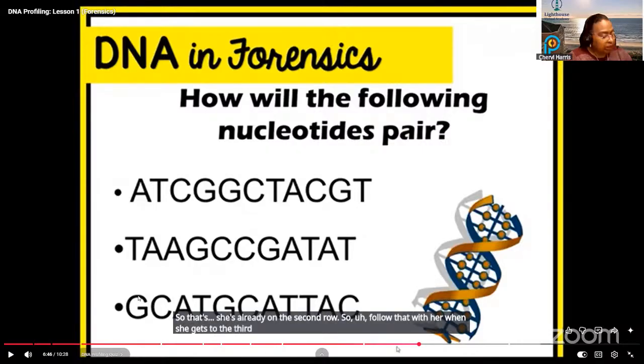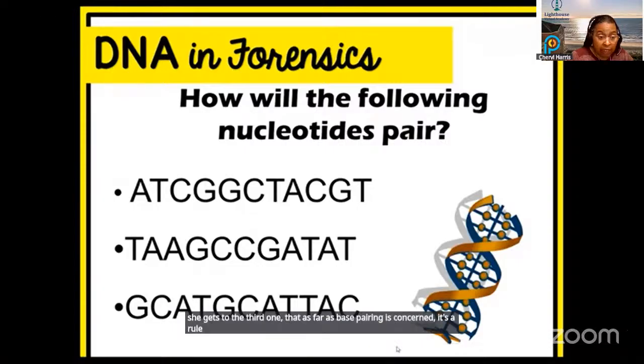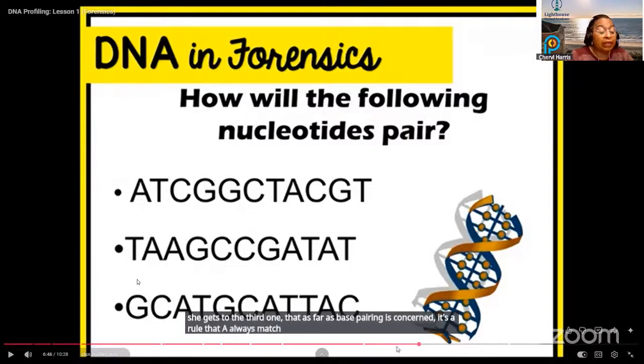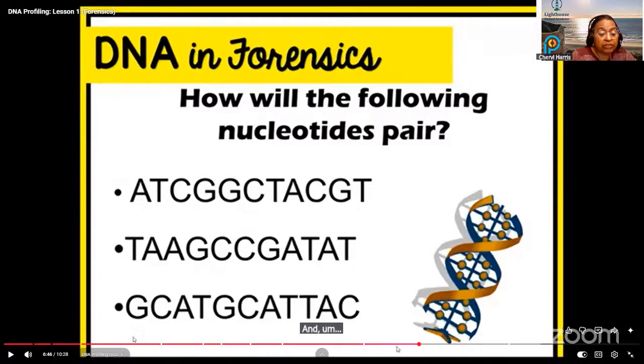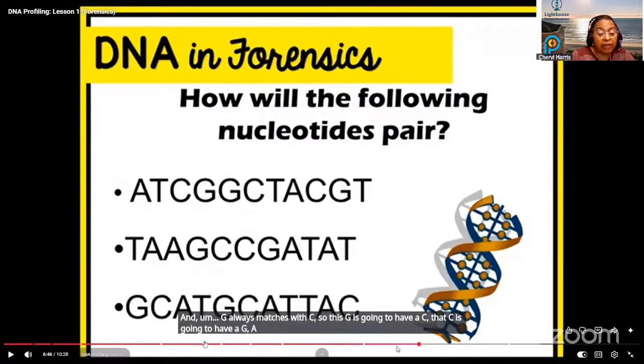As far as base pairing is concerned, it's a rule that A always matches with T, and like she said, you can remember that apple's in the tree, and G always matches with C. So this G is going to have a C, that C is going to have a G, A is going to have a T, T is going to have an A, and so on.